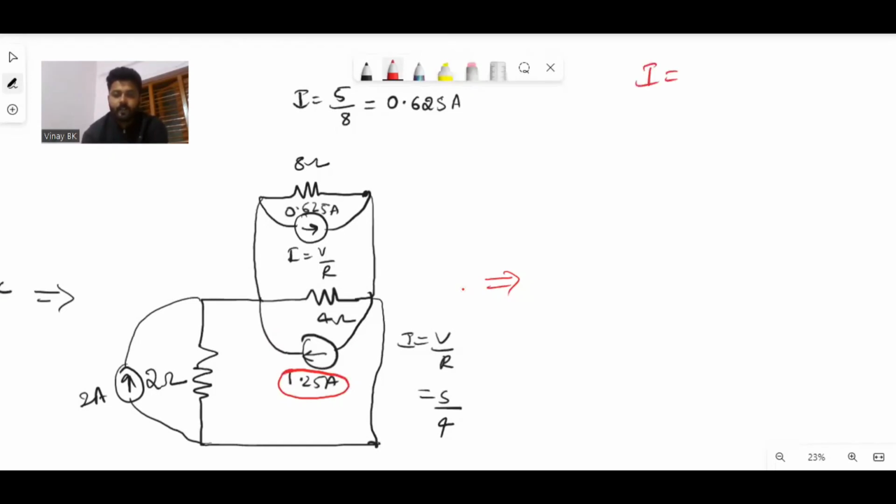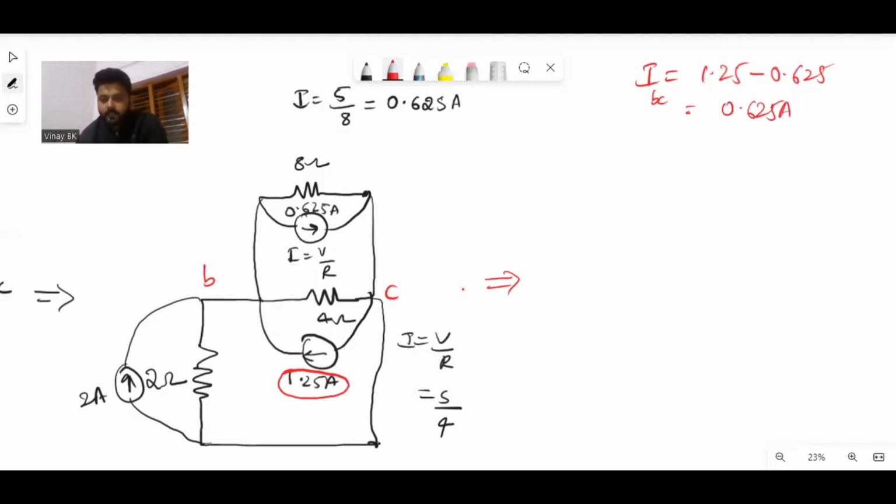You can see 1.25 amperes is having the highest magnitude, so we should write that direction only. So total current at B to C, IBC, is 1.25 minus 0.625. I'll check it. 1.25 minus 0.625, you get 0.625 amperes.